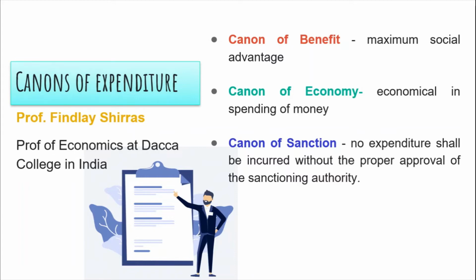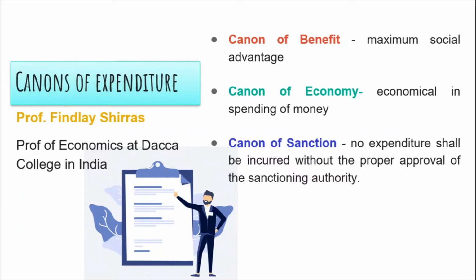Canon of economy: the state should be economical in spending money and should not spend more than the necessary amount on items of expenditure. The aim is to avoid extravagance and also corruption.